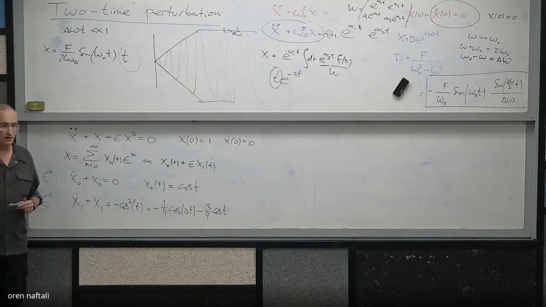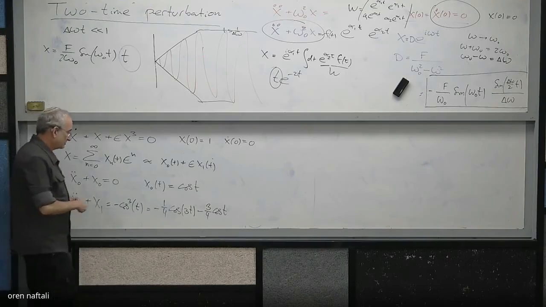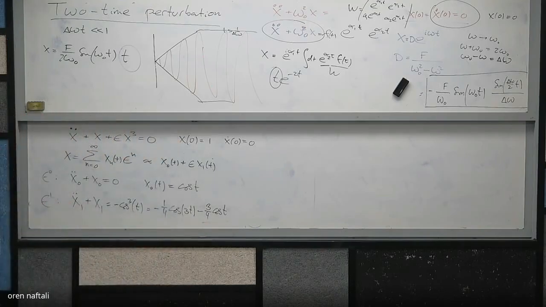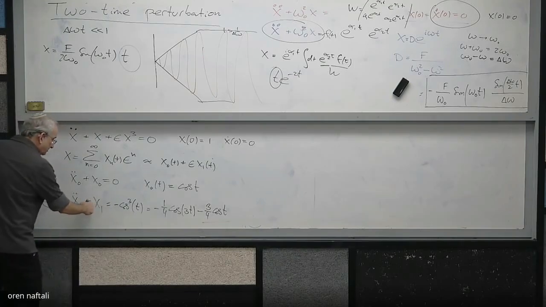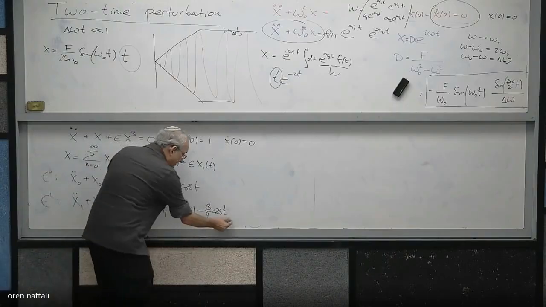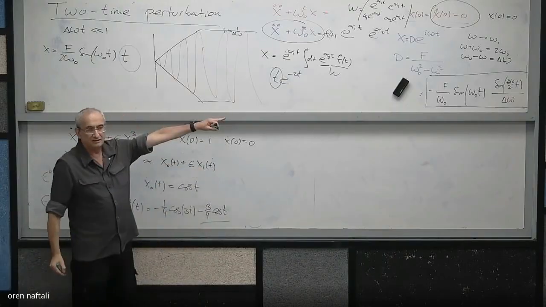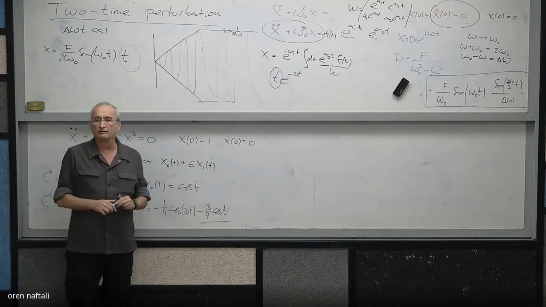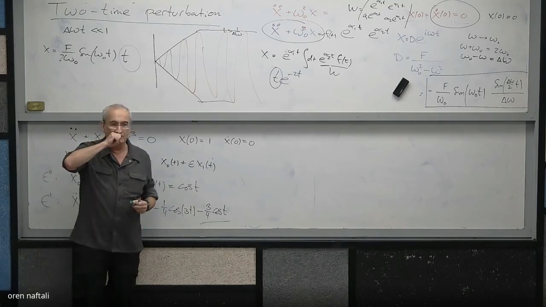Which is a dangerous term? Who is the criminal? This cosine t. This one. Okay? Because here omega naught squared is 1, so this one is a term that leads to a resonance. And it will give us x1 that grows to infinity without bound.